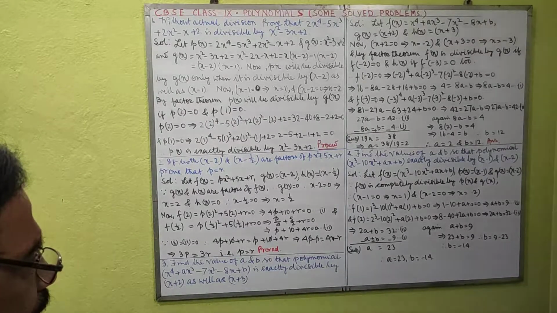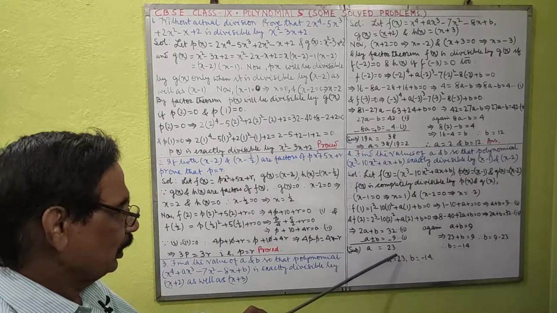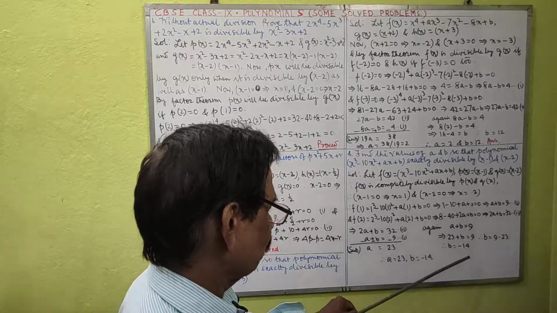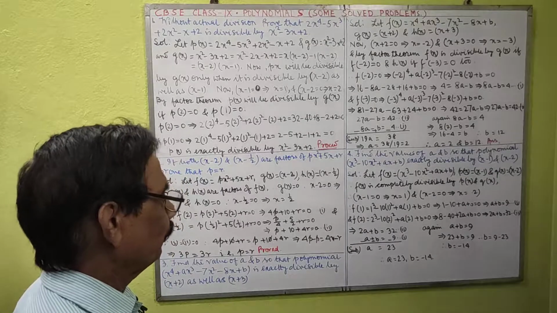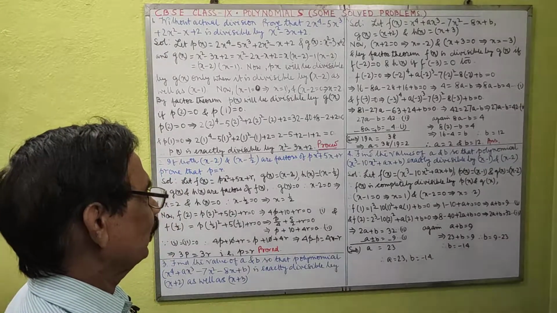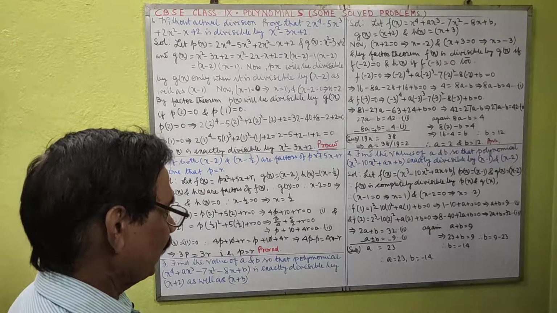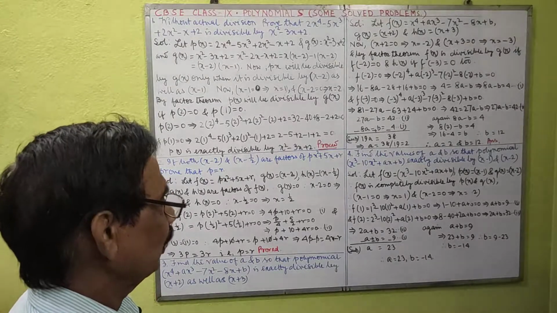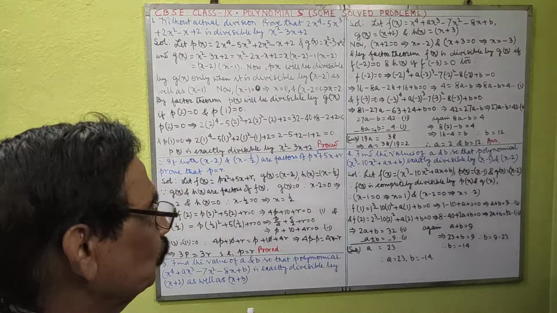By equating these two, we get a = 23 and b = −24. So if a = 23 and b = −24, then the polynomial will be exactly divisible by x − 1 and x − 2.